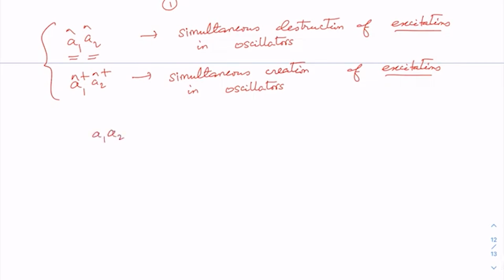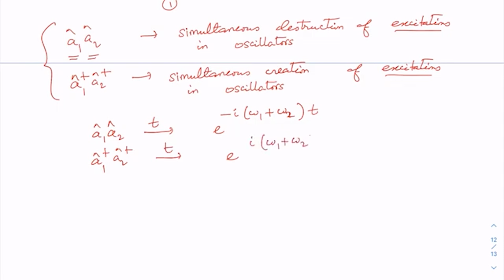If you again look at the time evolution of these two combinations, a1 a2 would go like e to the power i (omega 1 plus omega 2) t, and similarly for a1 dagger a2 dagger, the time evolution goes like omega 1 plus omega 2. That's why these are called non-resonant terms, and they can be neglected.